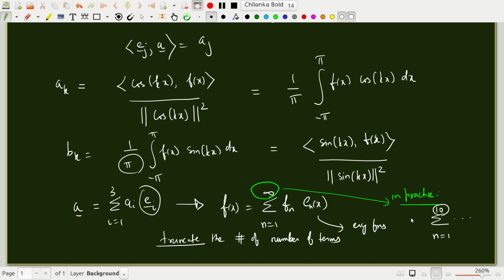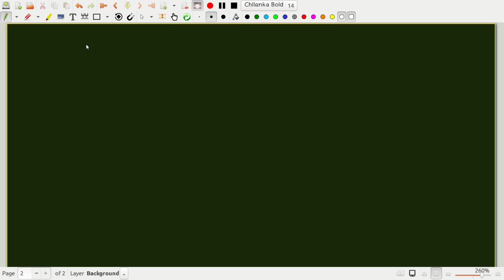Now, if you look at textbooks on Fourier series, you will get different expressions depending on the domain, normalization, and so on.